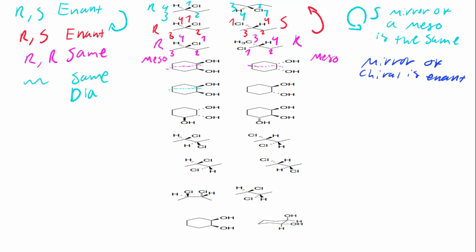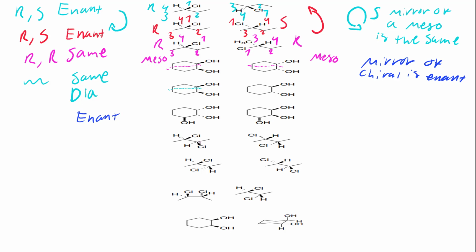So yeah, we have an alcohol right there and an alcohol on each other side, but the only thing is that they flipped, right? So a dash became a wedge, etc. So these are technically mirrors right here, and the mirror of a chiral center is going to be an enantiomer. So this is an enantiomer.